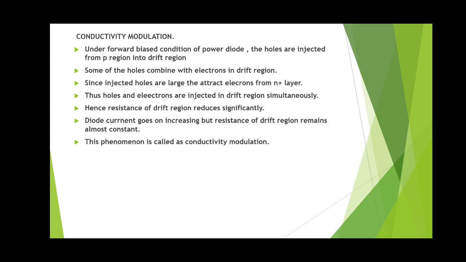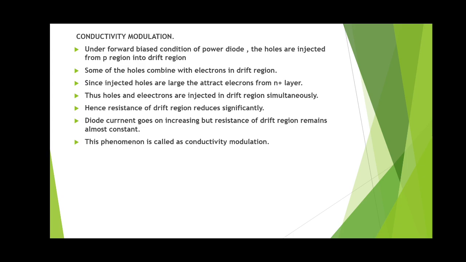When the diode is forward biased, some of the holes combine with the electrons in the drift region. Since the injected holes are large, they attract electrons from the n plus layer. We know that the majority charge carriers in the p region are holes and in the n region are electrons. So when we forward bias, the holes from the p region and the electrons from the n region combine in the drift region.